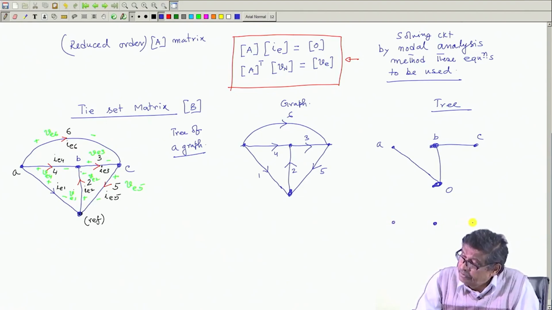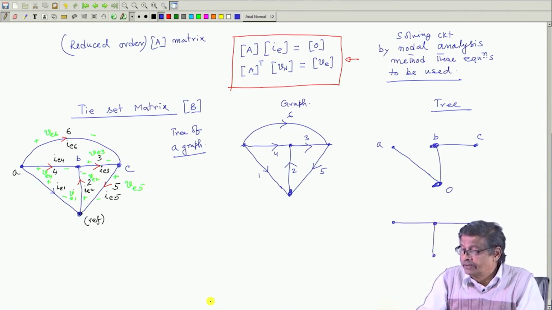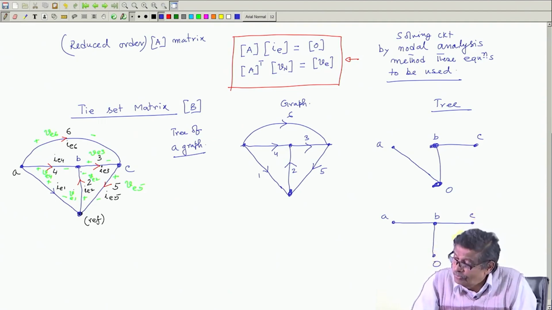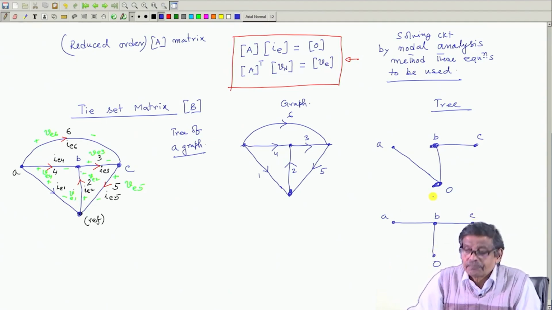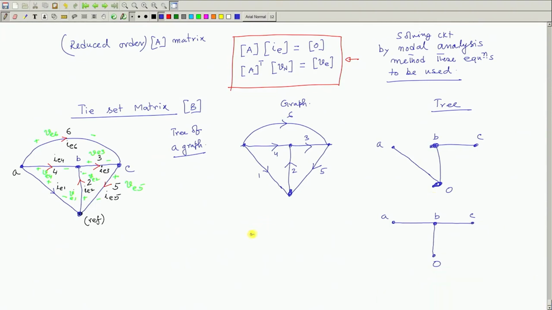Like this, it is also a tree. If I have defined the tree like that, I will say this is also a tree, because all the nodes are present A, B, C and O, but no closed form has been put. For example, one should not say that this is a tree of a network.